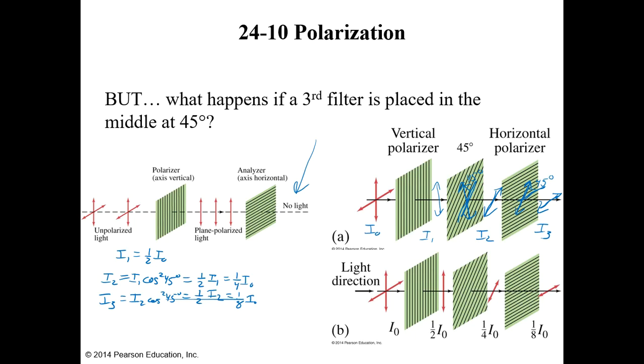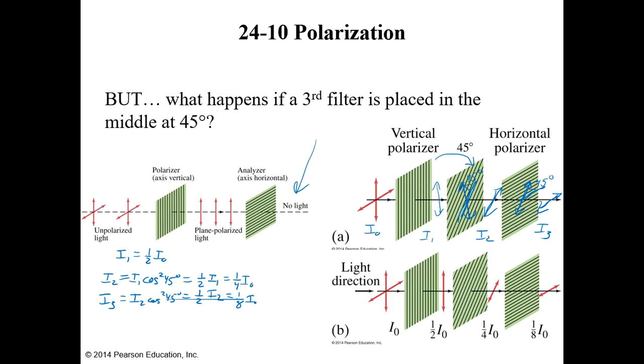So going from the vertical to the 45 filter, it was vertical, but there is a component of that vertically oriented light that is parallel to the 45-degree filter. We found that, passed through, and you just pulled out that component that was parallel to the filter.